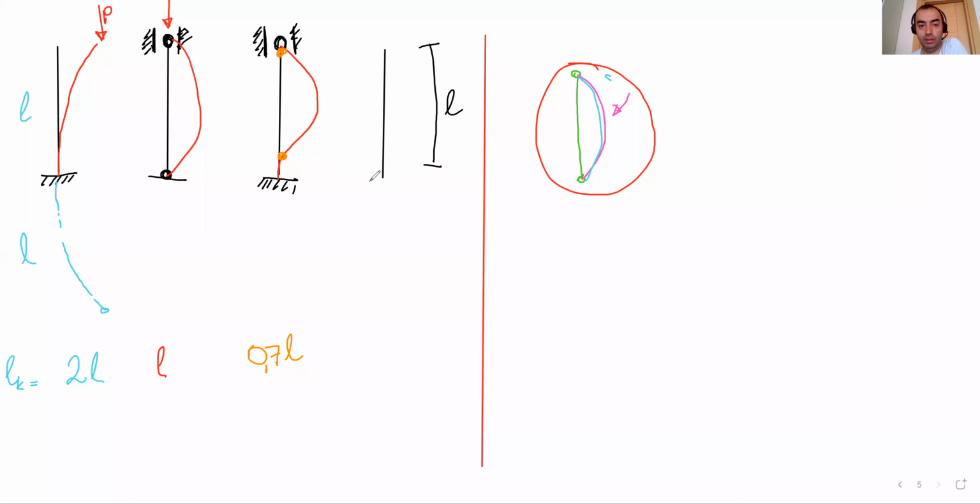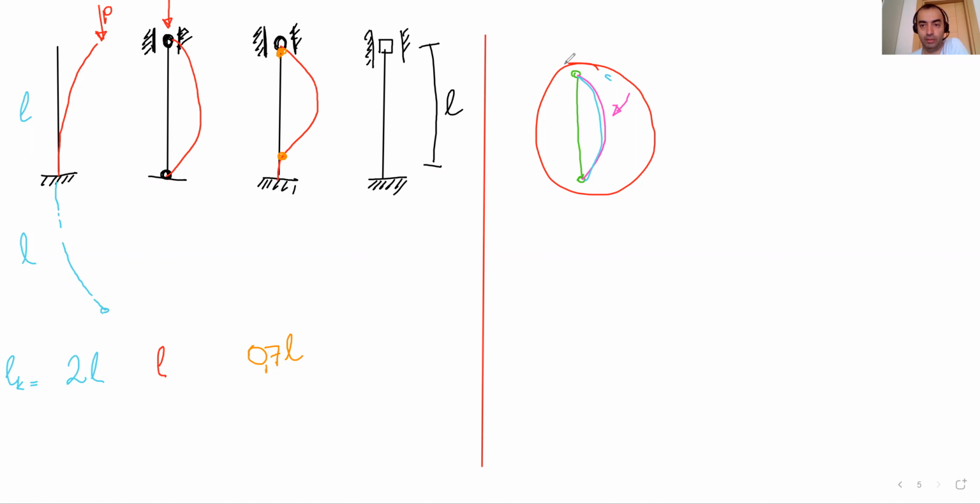The other one and the last one, we have a fixed support at the bottom. We have a fixed support at the top. So fixed means we can transfer moment from this support, but it can move in the vertical direction to get the buckling.